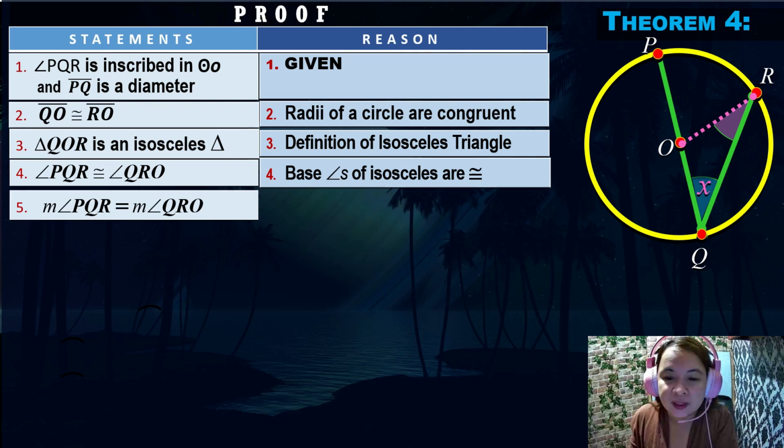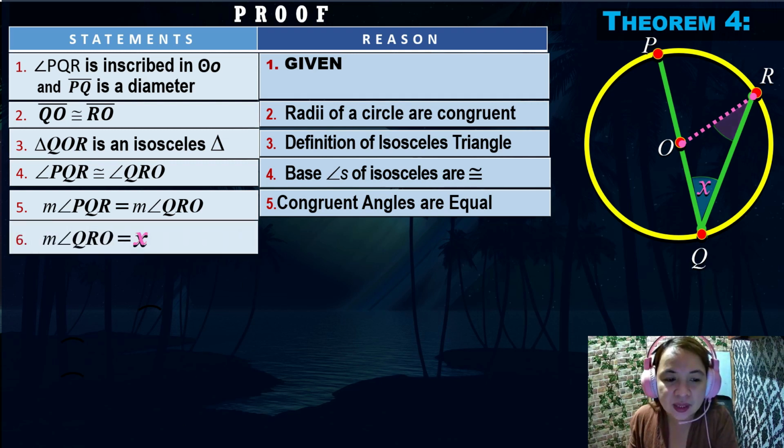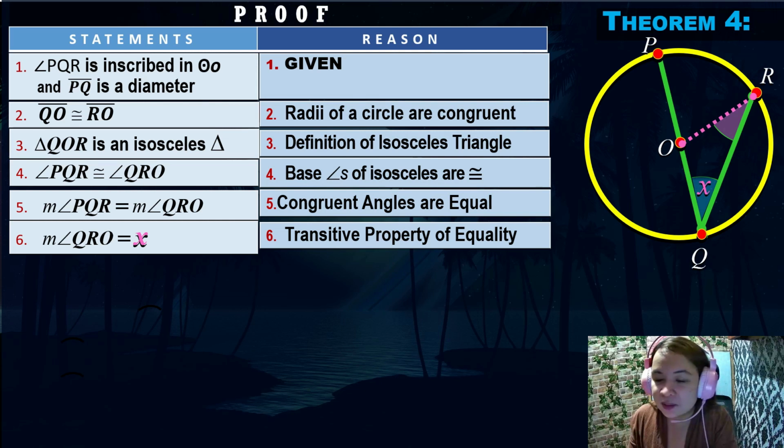Next, the measure of angle PQR is equal to the measure of QRO. The reason will be congruent angles are equal. Next, we have the measure of angle QRO is equal to x. Then that is transitive property of equality.